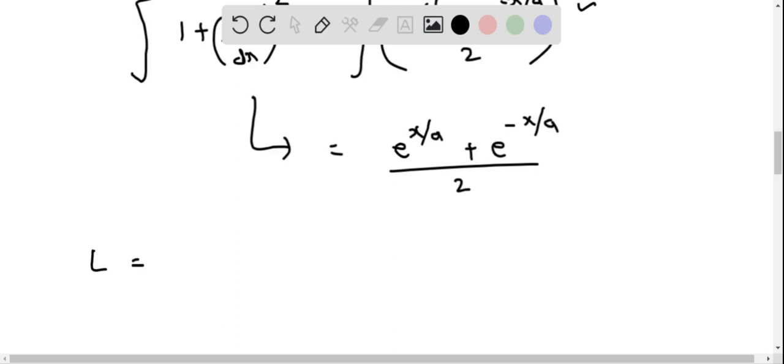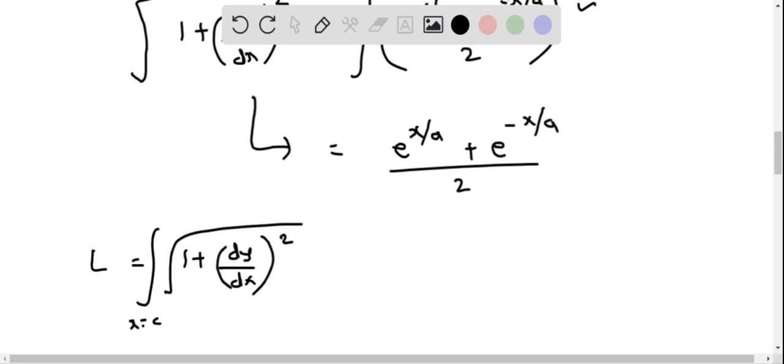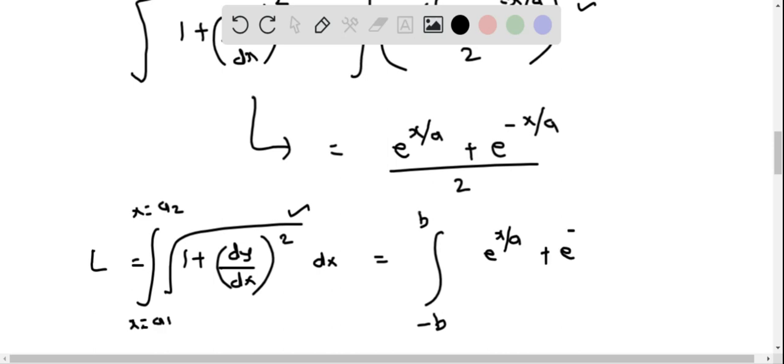That is L equals the integral of the square root of 1 plus dy by dx quantity squared, from x equals a1 to x equals a2, dx. This equals the integral from a1, which is negative b, to positive b, and we have already found this expression, that is e raised to the power of x by a plus e raised to the power of negative x by a, over 2, dx.